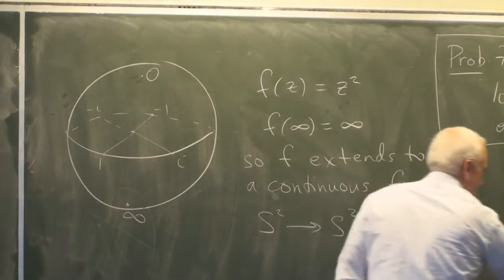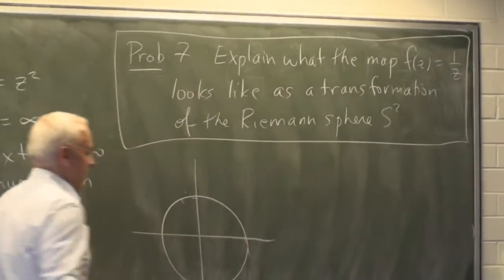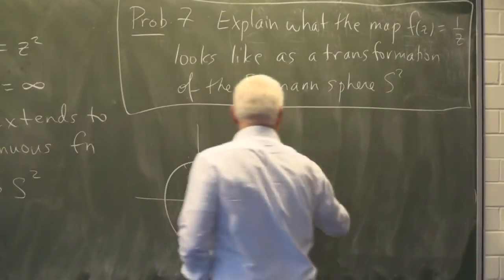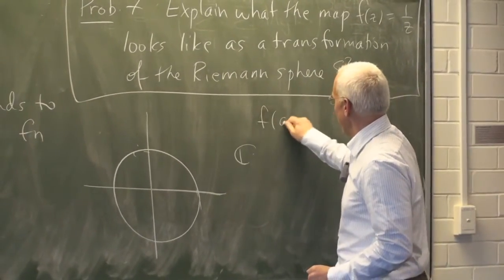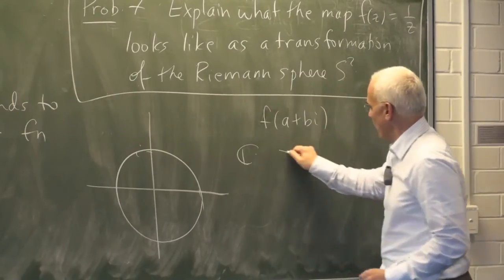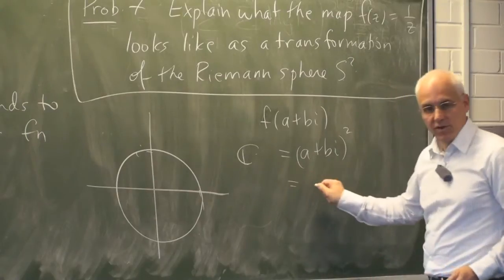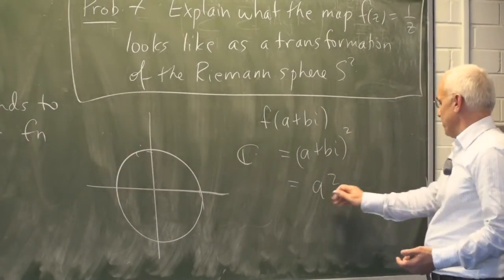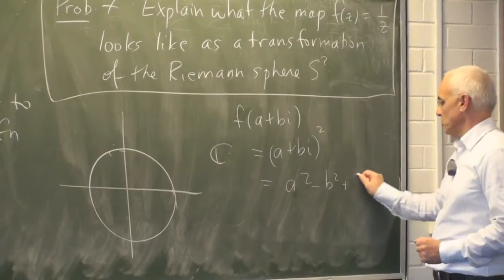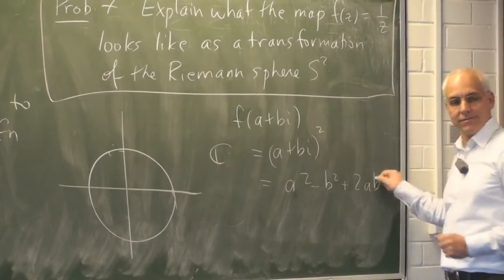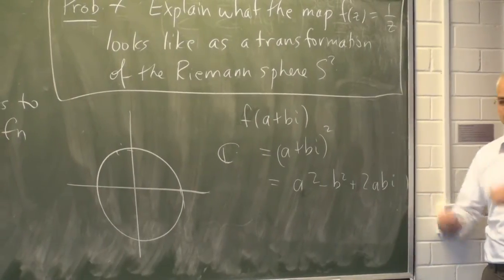Okay, so if you have the unit circle, and we're working here in the complex numbers, and we're just talking about the squaring operation. So f of a plus bi is going to be, by definition, (a plus bi) all squared, which is a squared minus b squared plus 2abi.